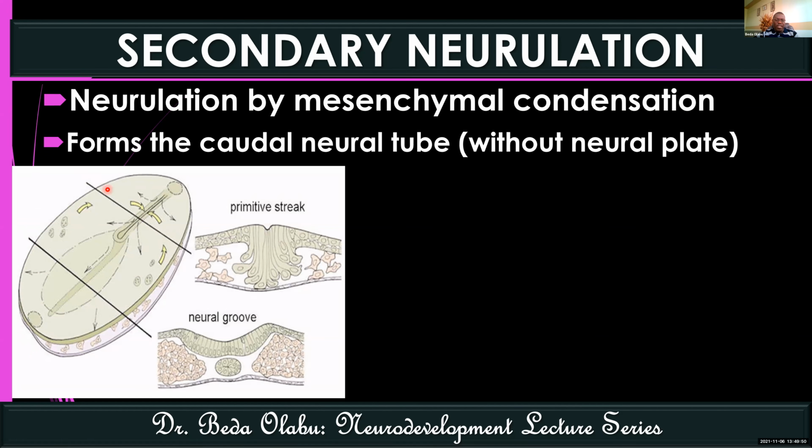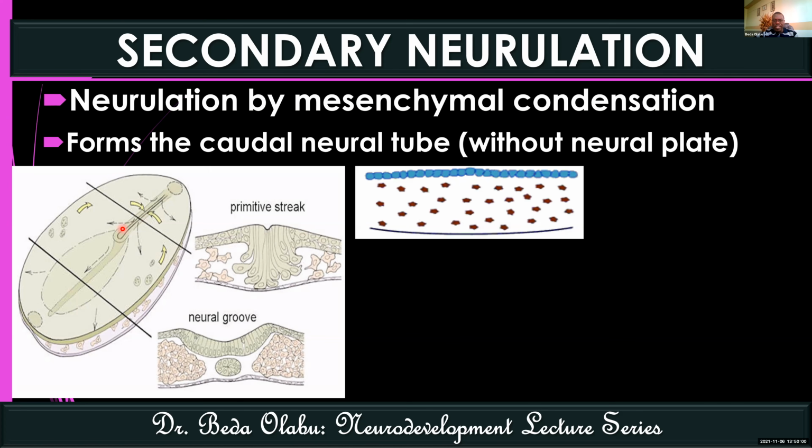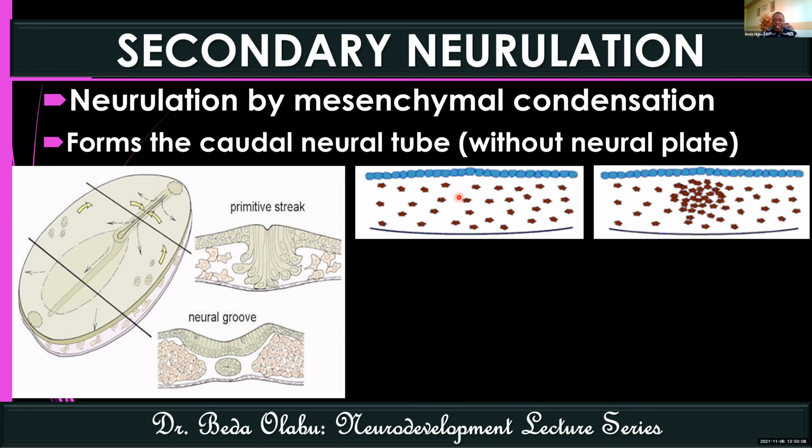Look at this image here, it helps us to capture that. I'd already shown it to you. So we want to see how the neural tube in this region forms now that we don't have a notochord. Let's take this to be a cross-section in that area. So that's ectoderm, mesoderm, and endoderm. The first thing that happens is that the mesodermal cells here undergo condensation.